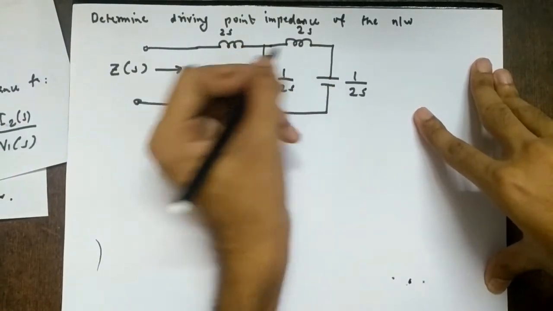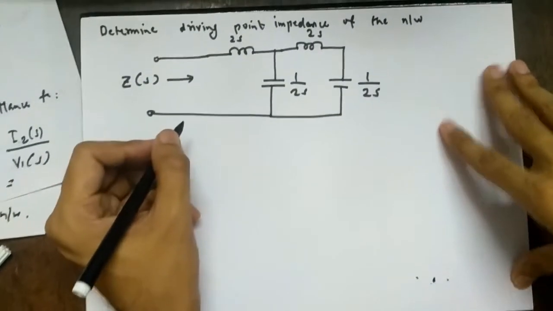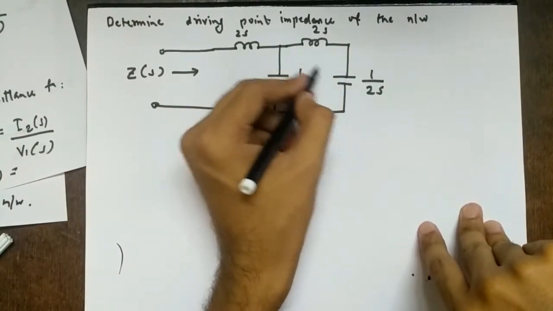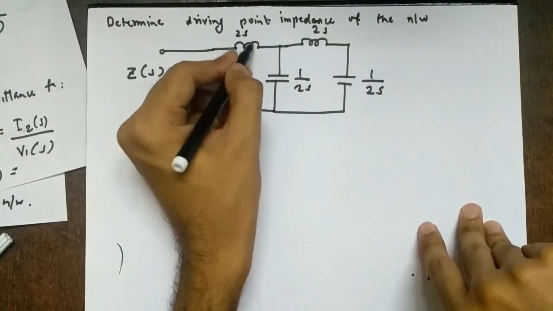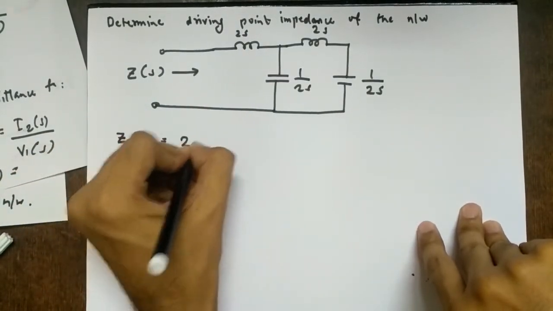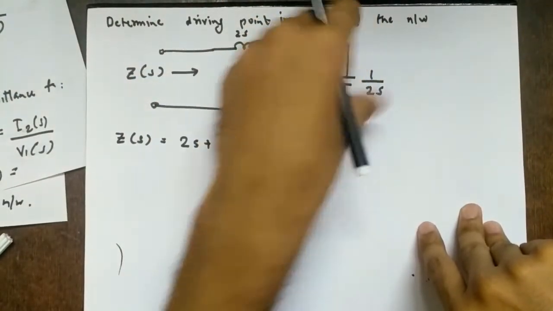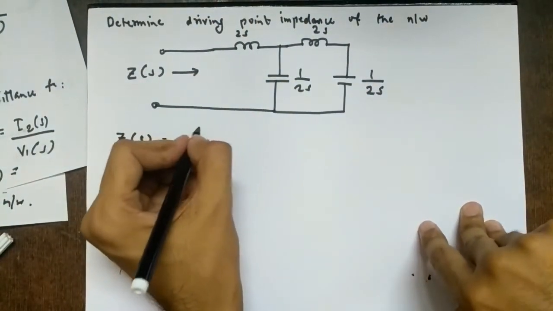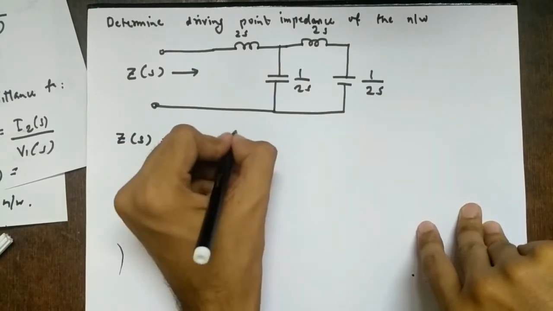So again these two are in series, right? Then this series combination is in parallel with this, which is in series with this. So you can use one step only in the exam also. So this is in series with this, and these two are in parallel. So 2S plus R1 R2 again.